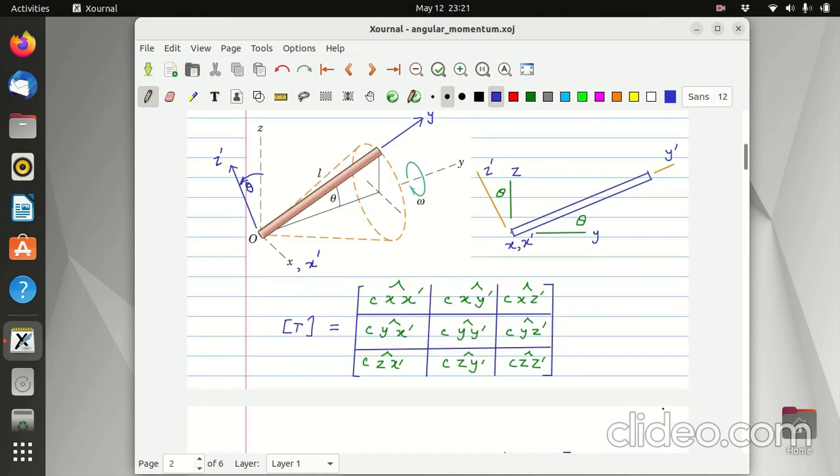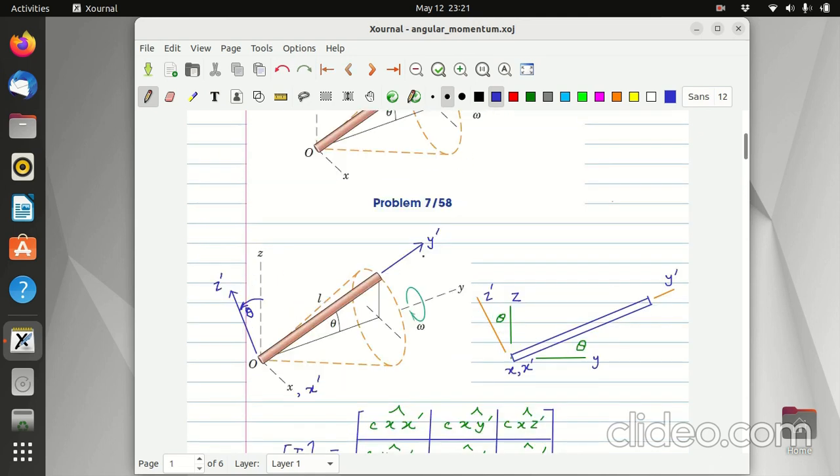Now, once we get the moment of inertia values with respect to x dashed, y dashed, z dashed, we want to get the values about x, y, z, and for that we have to make the transformation. So x, y, z is final and x dashed, y dashed, z dashed is initial.